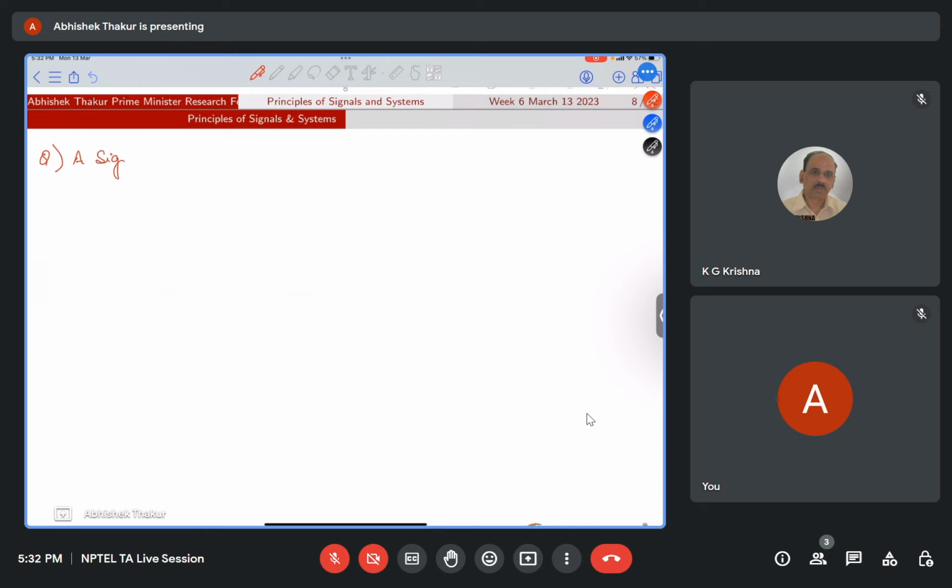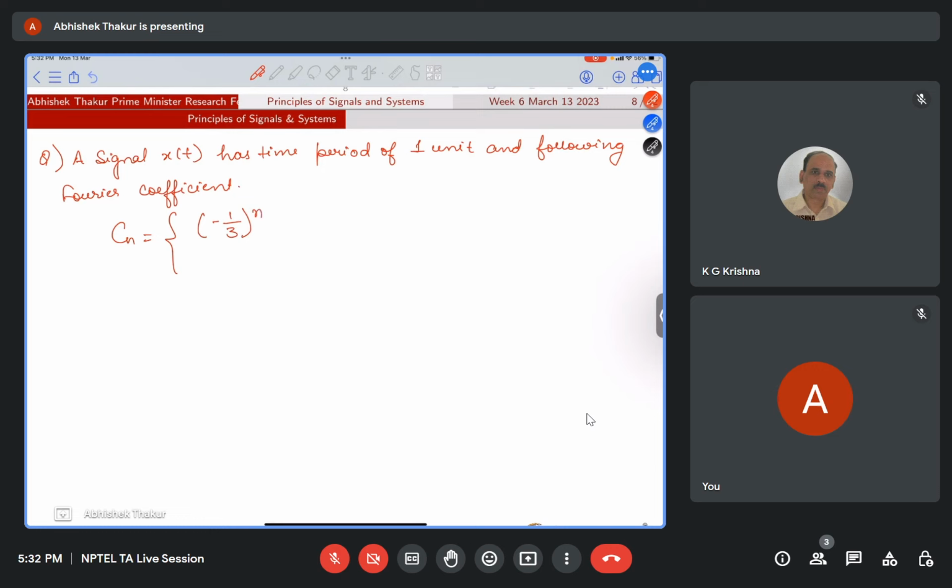A signal x(t) has a time period of 1 unit, and the Fourier coefficient is given as C_n equal to minus 1 by 3 to the power n when n is greater than or equal to 0, and it is 0 for n less than 0. So we have to find the expression for x(t).